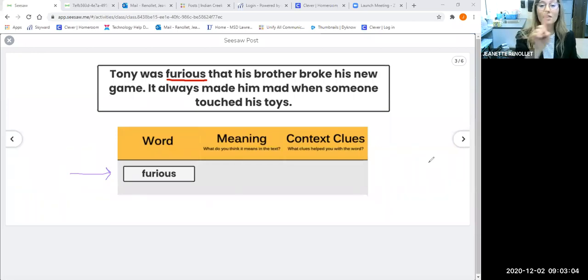You can use other words in the text to help you determine what it means. So our word today that's underlined starts with an F. I'm not even going to say it because some of us may not know how to say it ourselves. So we're going to practice trying to figure out the meaning without knowing what the word is.